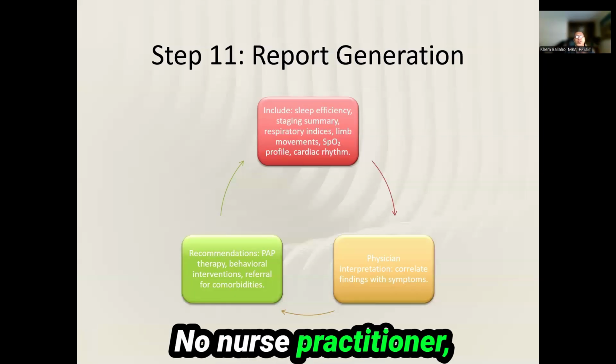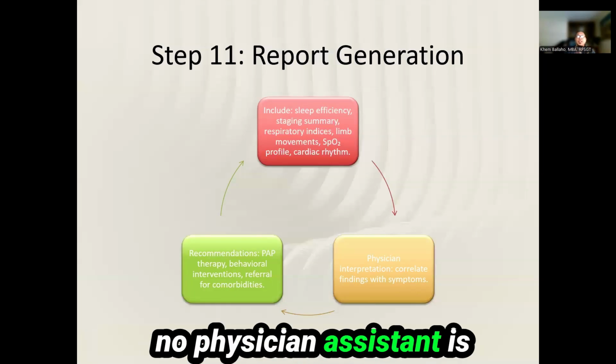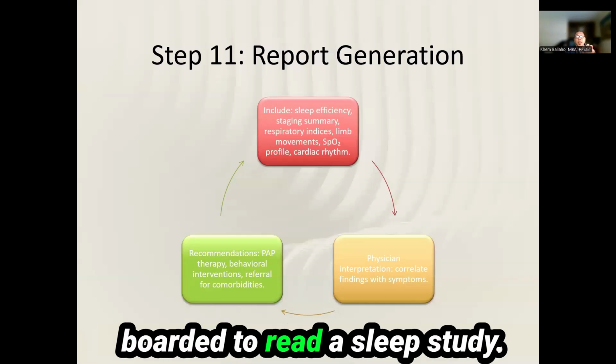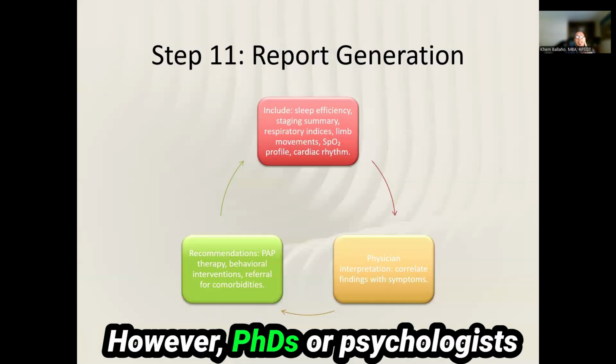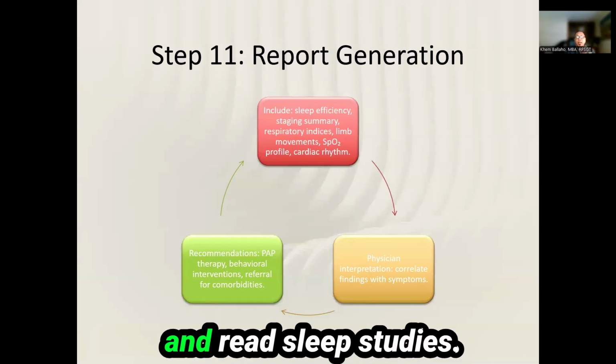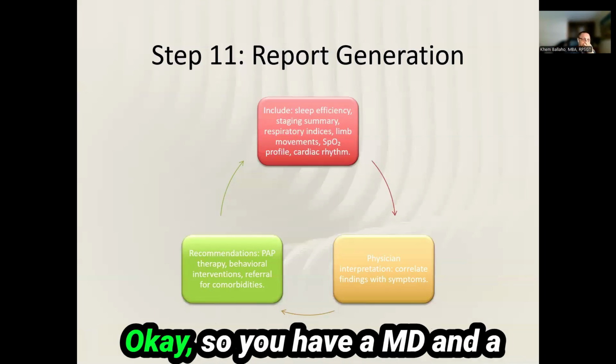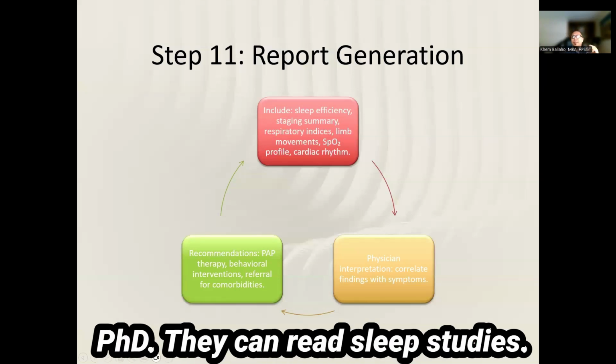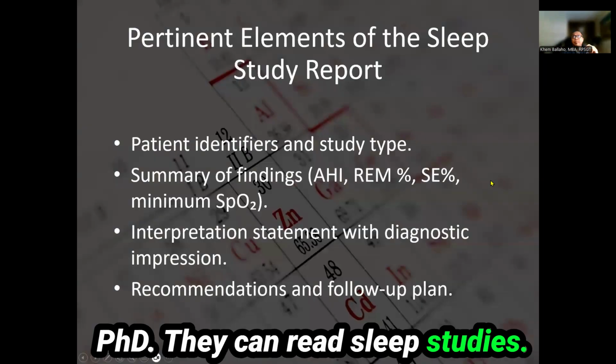No nurse practitioner, no physician assistant is boarded to read a sleep study. However, PhDs or psychologists are allowed to interpret and read sleep studies. Okay. So you have an MD and a PhD. They can read sleep studies.